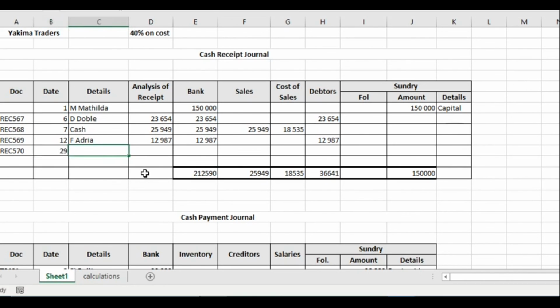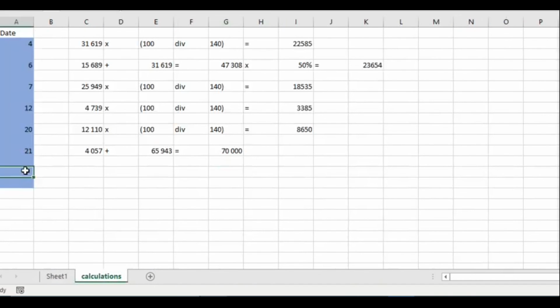Our details are Double. Now he paid his account in full. So guys, if you remember, this is day 29. I think it was on the 6th, he paid 50% of his account. So this was his remaining balance, which is 50%.